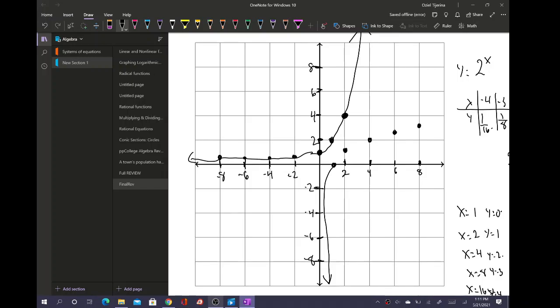Since right here, like I said, it's a reflection, and any time that you have an inverse, you always have a little reflection. And actually I drew it wrong. Hold on. Give me a second. It's like this.